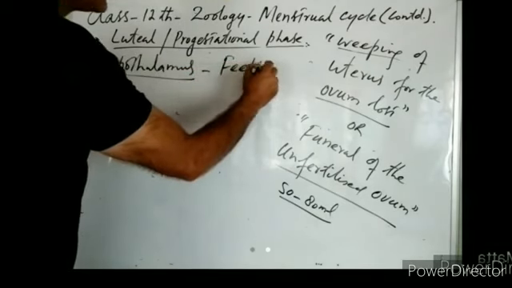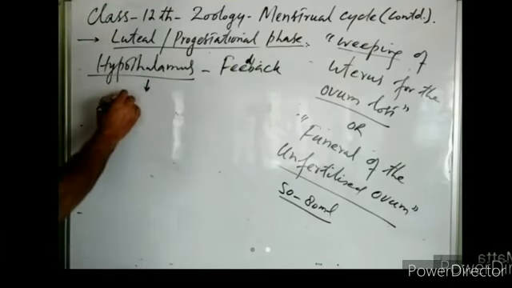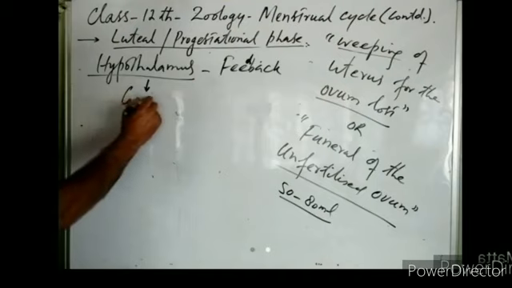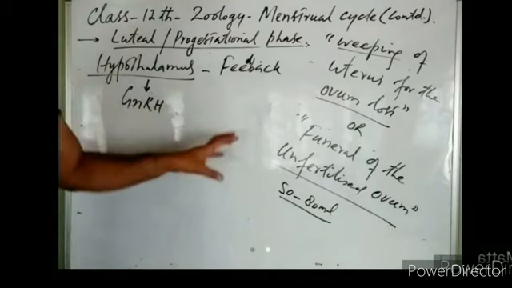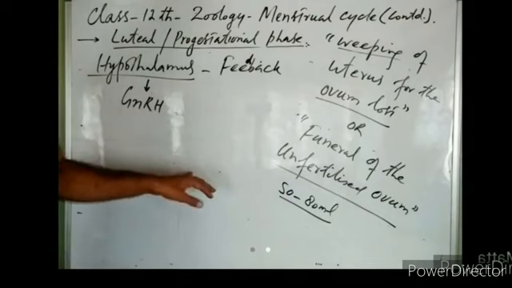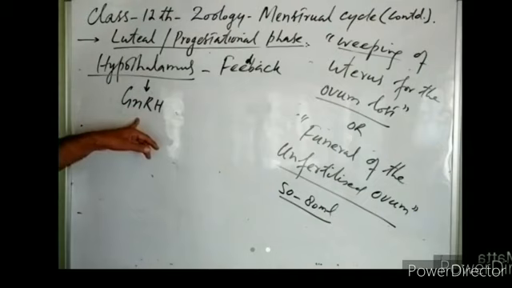When the hypothalamus perceives the fall in progesterone and estrogen levels in blood, it starts release of gonadotropin releasing hormone.